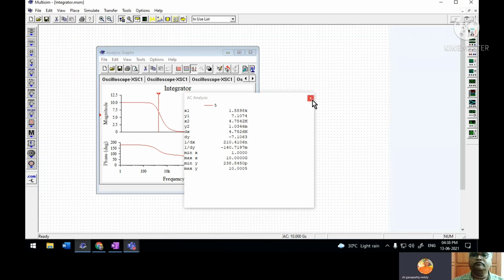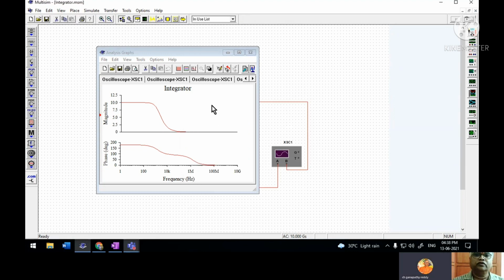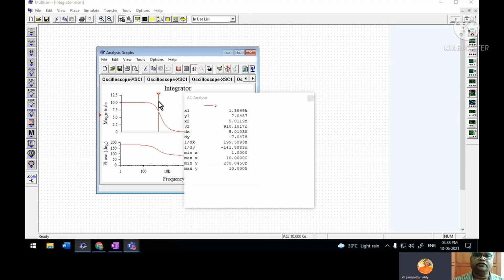At 10K it should be 7, but at 10K we get 1.55. This is wrong. Anyway, whatever we are getting, so this is what I am showing.